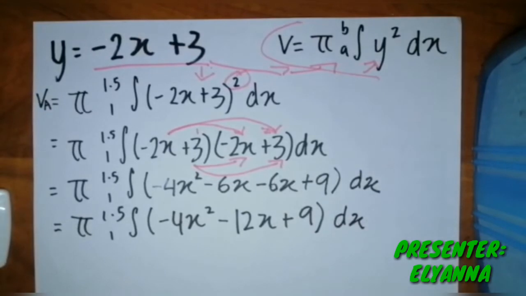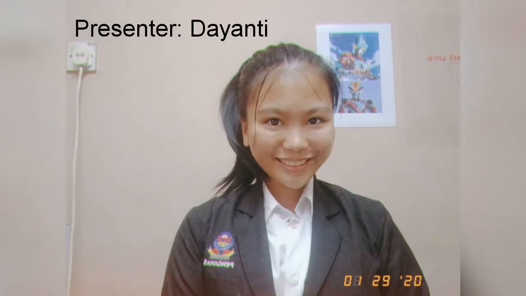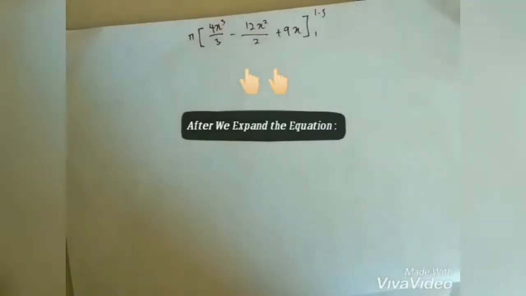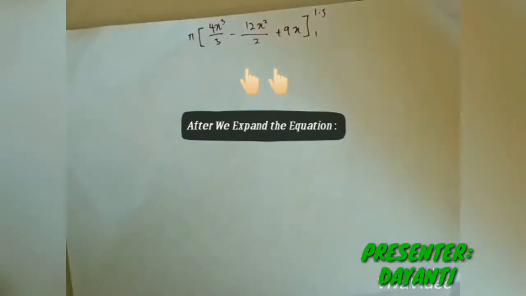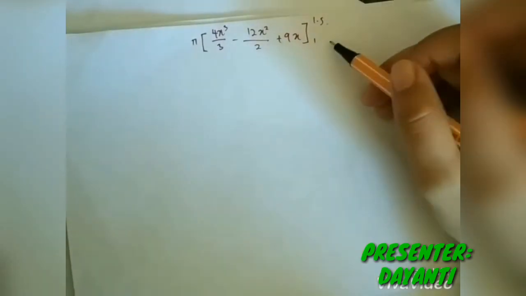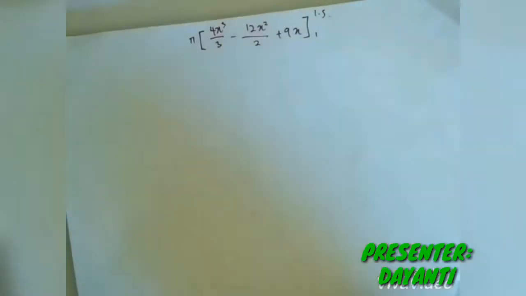And you can integrate it as usual to the next step. Okay, now we put the limit 1.5 and 1 into this x and solve it just like this.